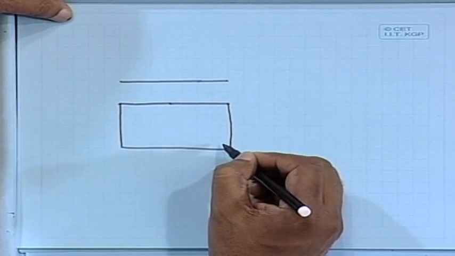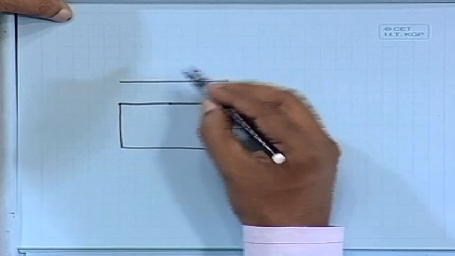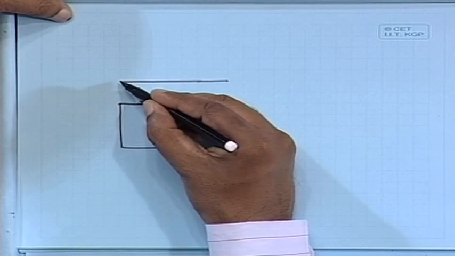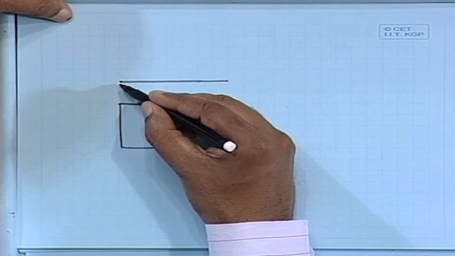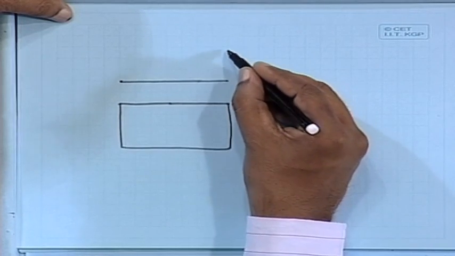So, what is the case here? We can say there is no tension here. If there is no tension, how far shall we go?